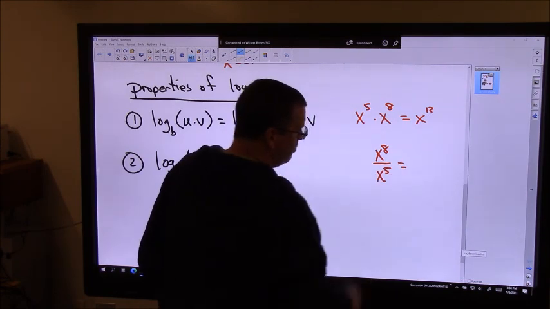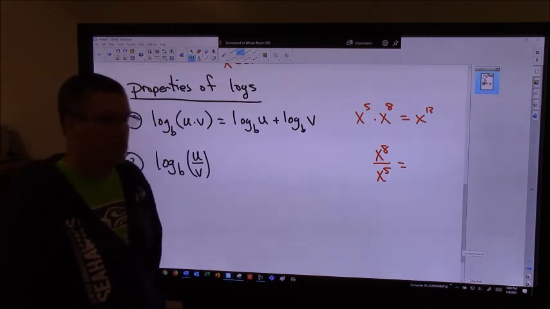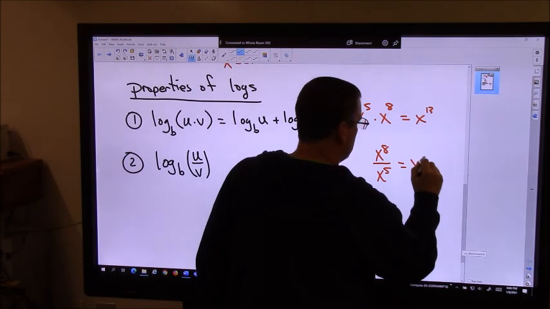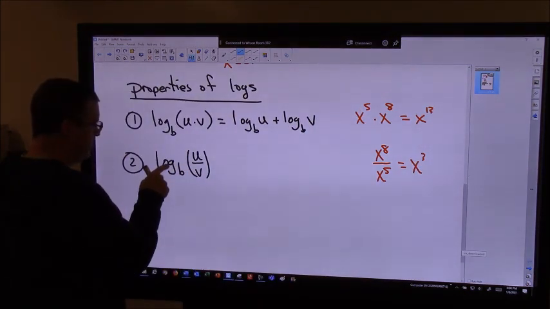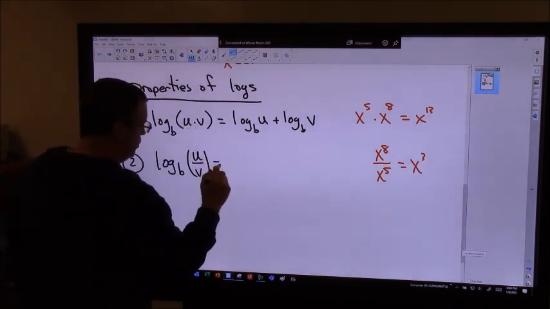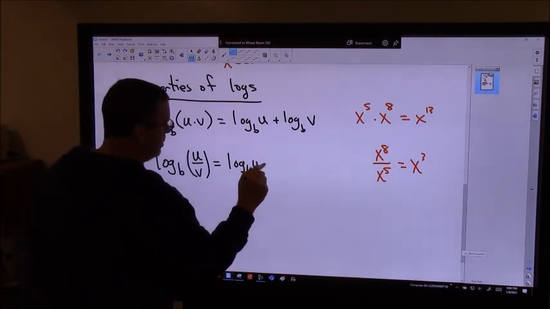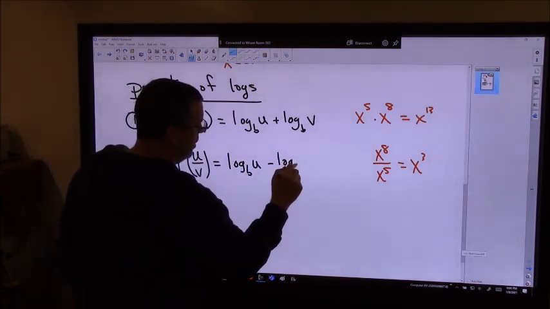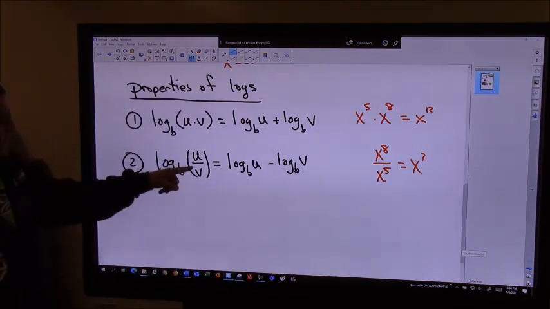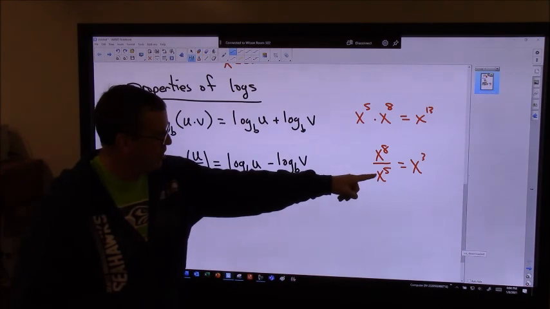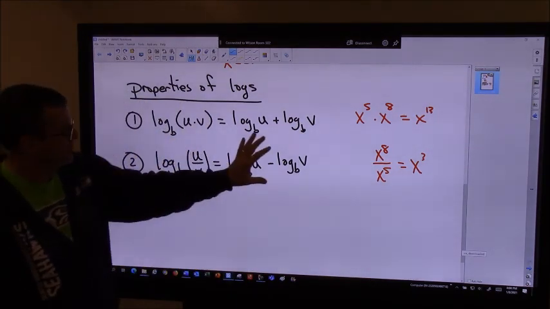What would I do with those 2 exponents to get my answer? I would subtract them, right? So I would get x to the 8th. So if I'm dividing with exponents, that means I should subtract them. So I get log base b of u minus log base b of v. When I divide with exponents, we subtract those.